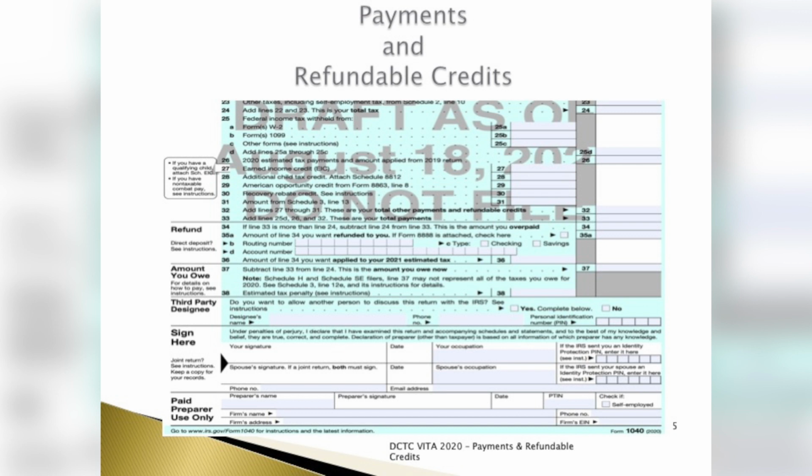Line 29, the American Opportunity Credit from Form 8863. I've talked about this education credit earlier in the non-refundable credits segment. Recall Schedule 3, Line 7? That line included the non-refundable education credit amount from Form 8863, Line 19. Please note that education credit has both a non-refundable part as well as a refundable part.